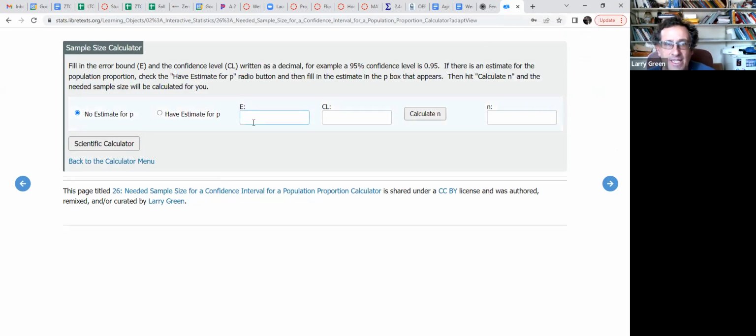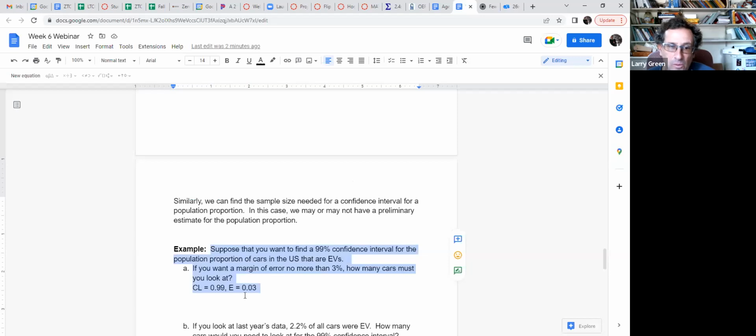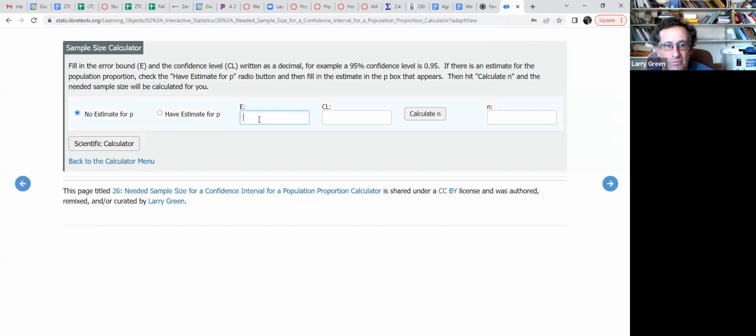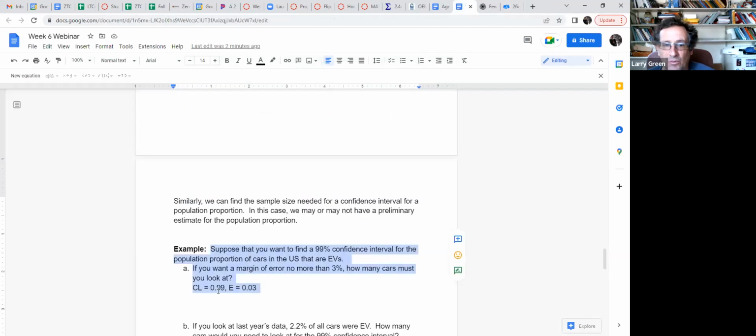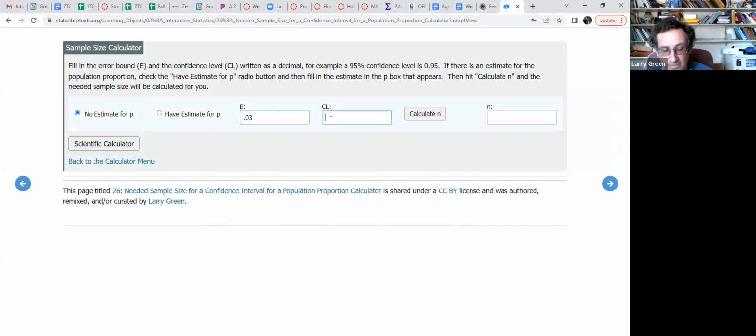Then our E was 0.03. And CL, our confidence level, was 0.99. And I hit calculate.